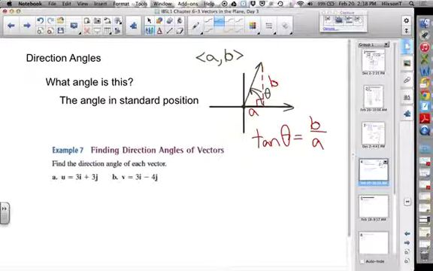That'll give us this angle. The key though is look at your components to figure out which quadrant you should be in. If tangent's positive, you're in the first or third quadrant. If tangent is negative, you're in the second or fourth quadrant. So you'd have to figure that out.